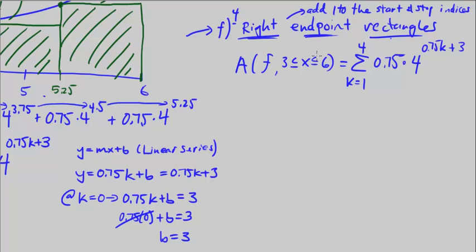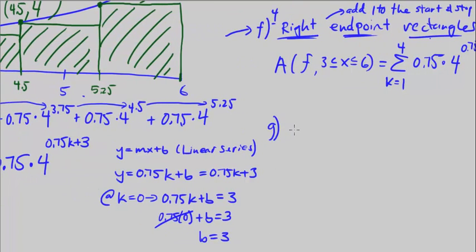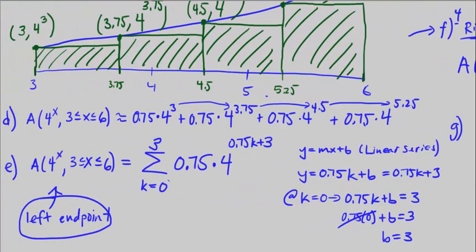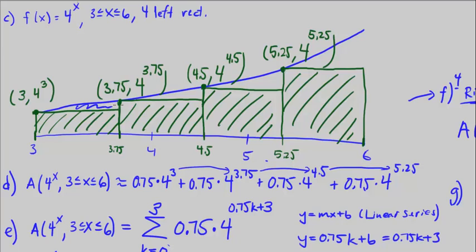Part G is asking us, given our left and right endpoint expressions, to calculate the value of A accurately. So G is just saying to go ahead and calculate it. We know the left endpoint rectangle here in the picture is going to be an underestimate, right?